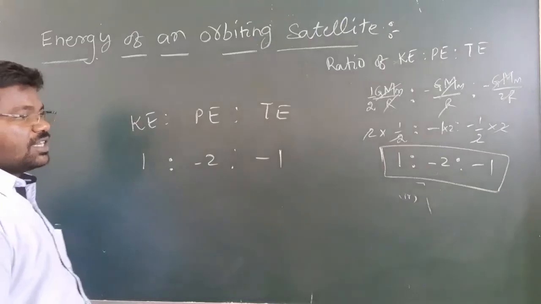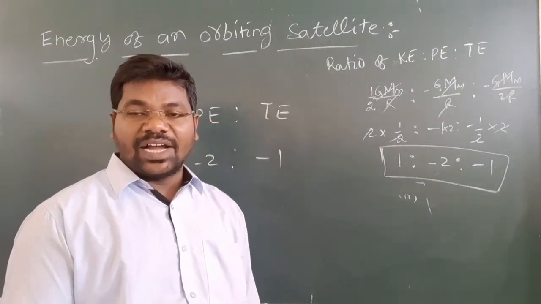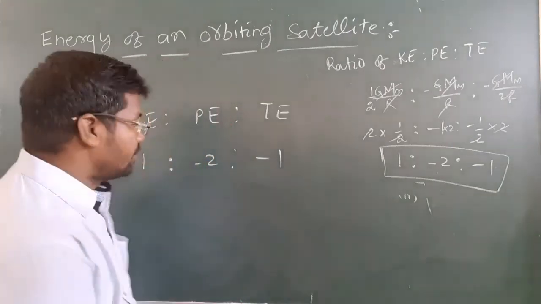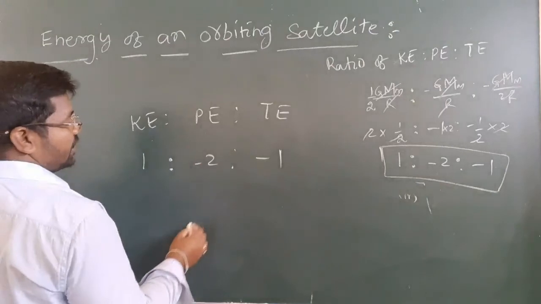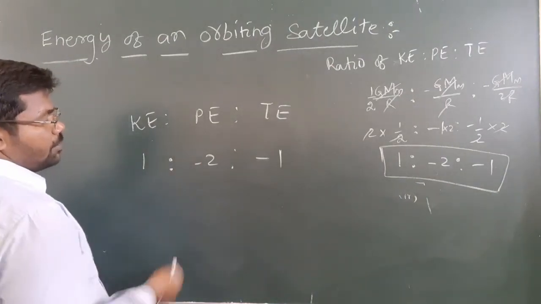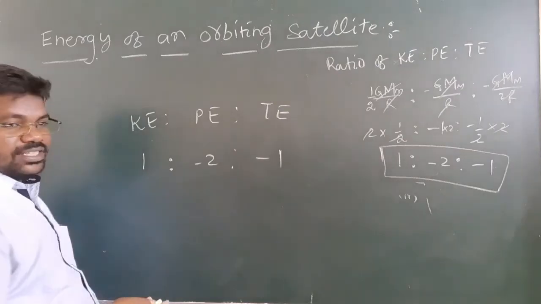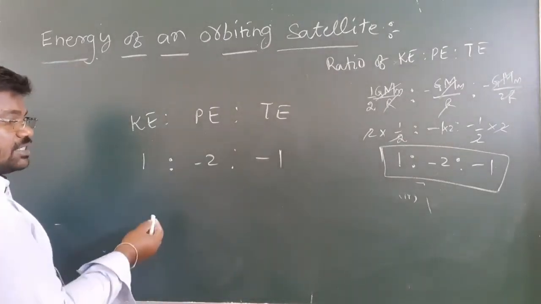So in any competitive exam, if they give potential energy and we want to find kinetic energy, then potential energy is equal to minus 2 times kinetic energy, like that. By using that we can find it.